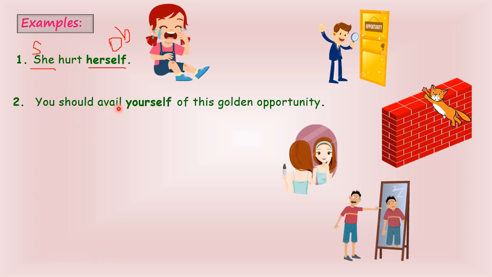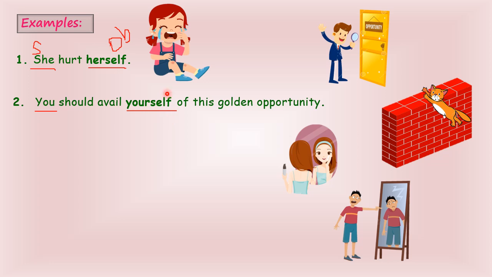You should avail yourself of this golden opportunity. Now children, first see what is the subject here and what is the object here. So you is the subject here and yourself is the object here. Is it clear, children? Now, are you and yourself the same person?